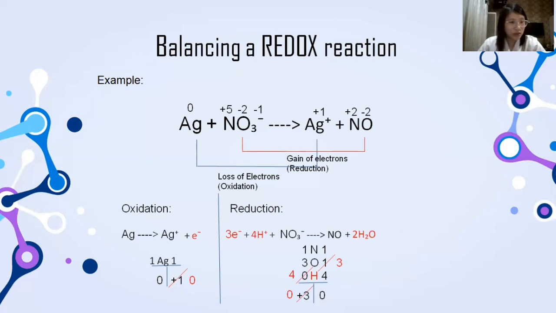Notice that the left side has 3 electrons here, and the right side has only 1 electron. We'll have to multiply the oxidation reaction by 3 so that the electrons will cancel each other out.